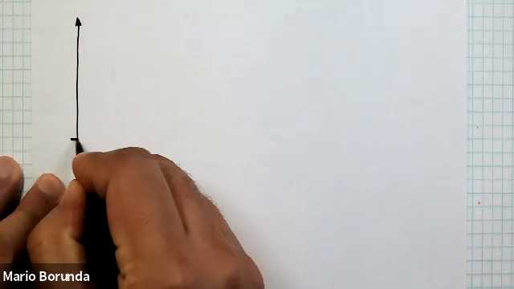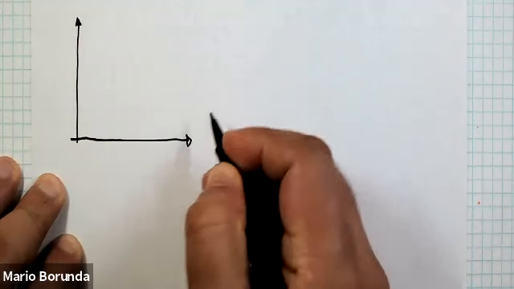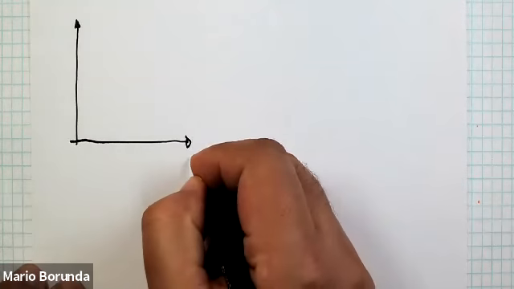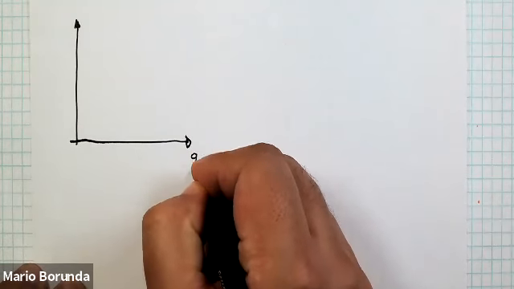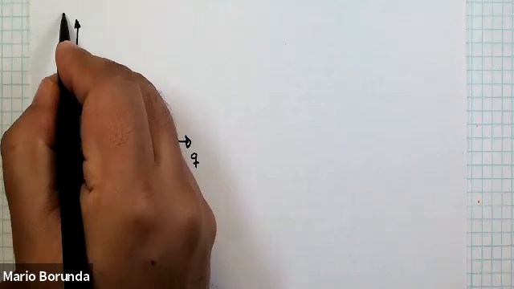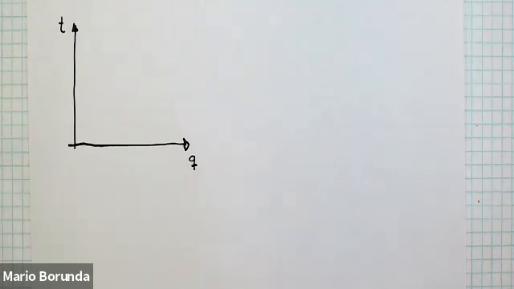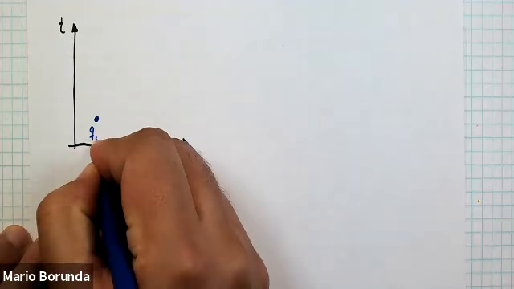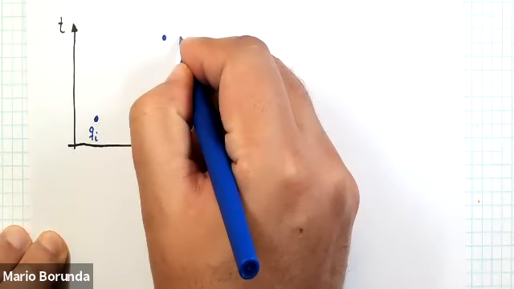So going back to the beginning of the semester, we were talking about action. For instance, here, let's say that I have time in the y-axis and the coordinate q in the x-axis. We had an initial q right here, and there could be a final q right here.